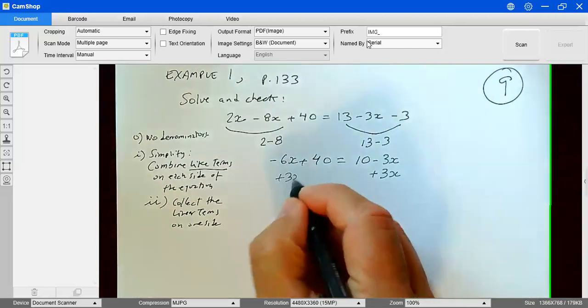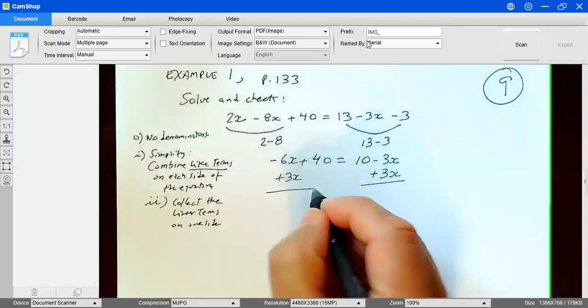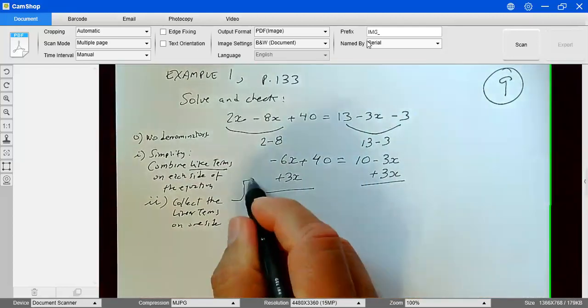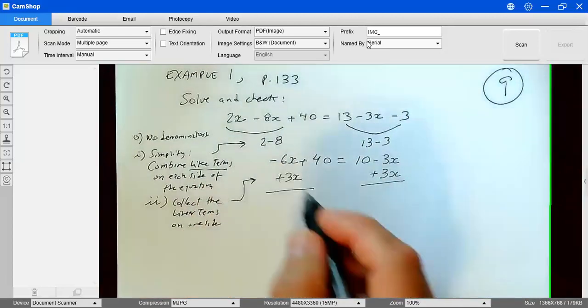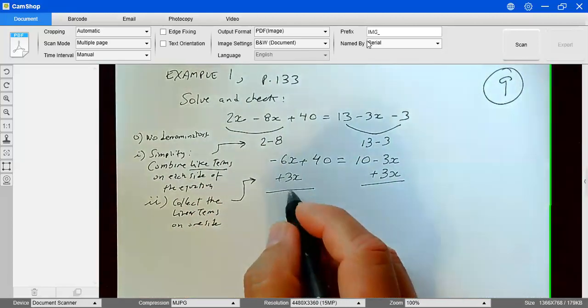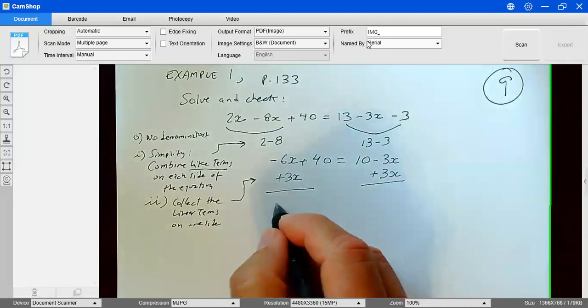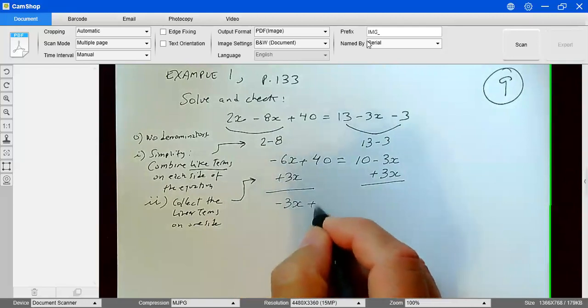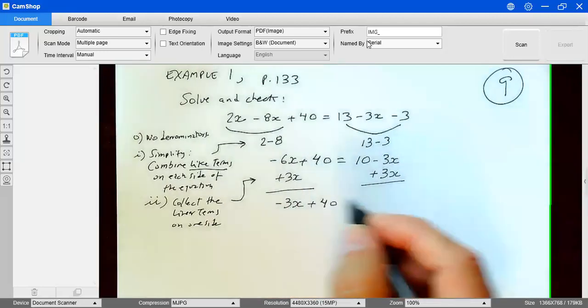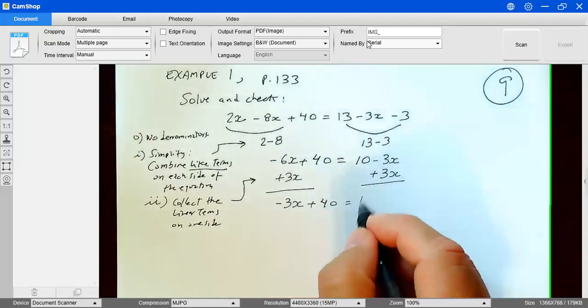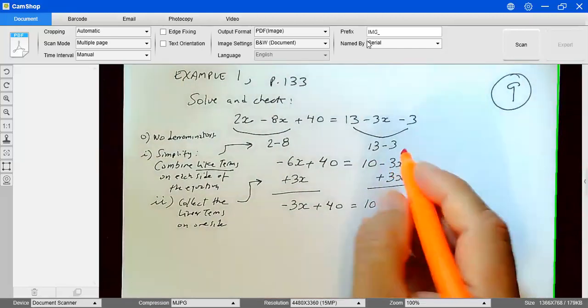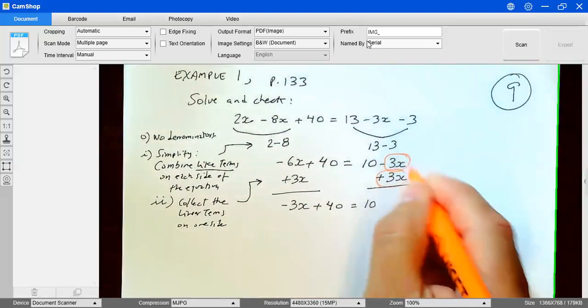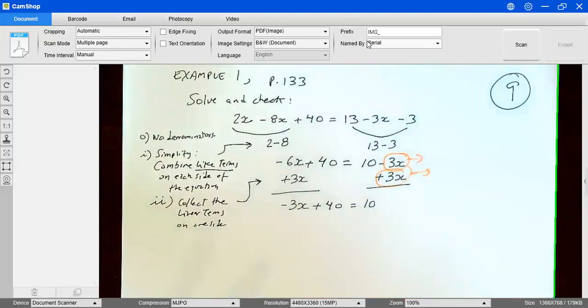That's the second step. Negative 6 plus 3 is negative 3x plus 40, and this is equal to 10, because negative 3x and positive 3x cancel each other. They vanish.